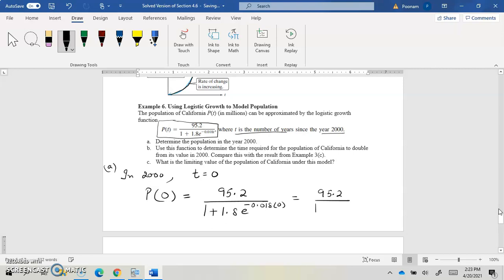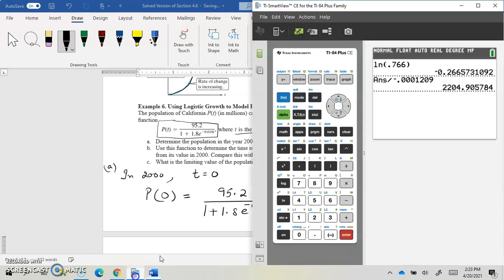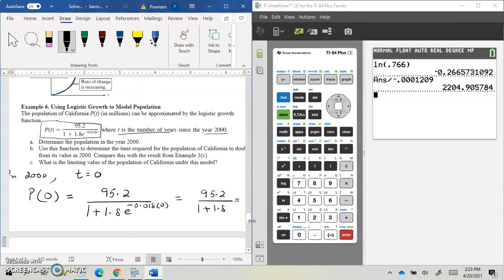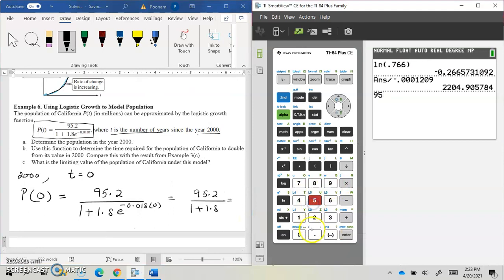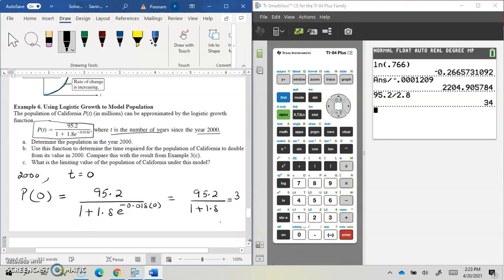So 95.2 divided by 1 plus 1.8. E raised to the power of 0 is just 1. Use your calculators: 95.2 divided by 2.8 is 34. So the initial population in California in year 2000 is 34 million.